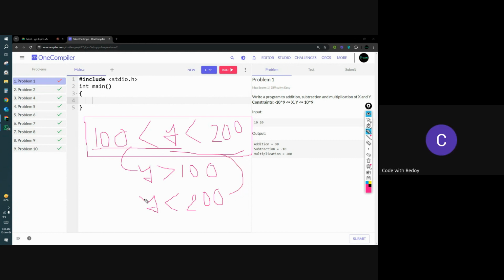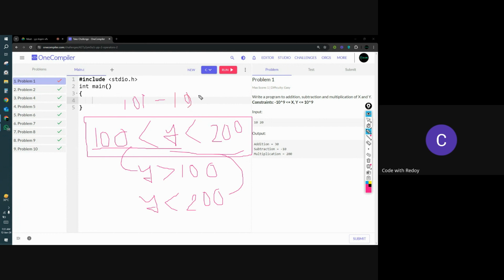That means y must be greater than 100. That means the value of y must start from 101, right? Yeah. Now, what will be the ending value? y less than 200. That means the value of y must be less than 200.